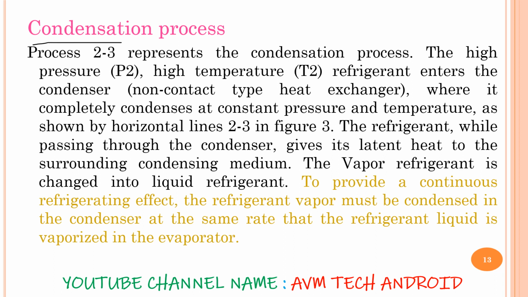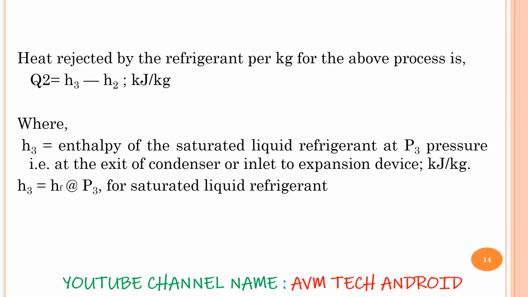Again, the second process is the condensation process that takes place in the condenser. We have discussed this part, so I will not go through all the theory mentioned here; just go through it if you want. But what is the amount of heat rejected? That is H3 minus H2.